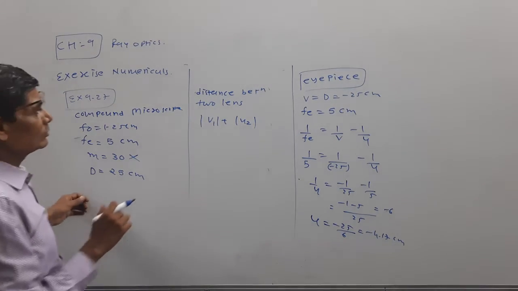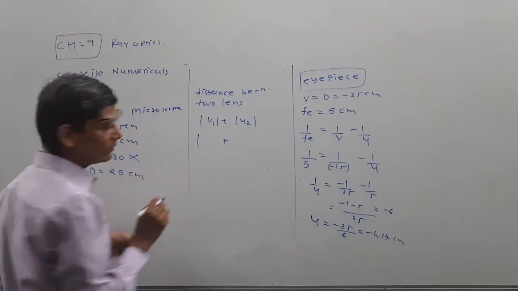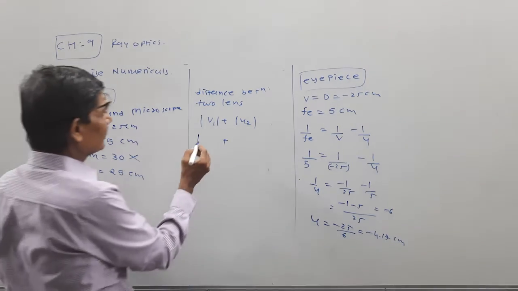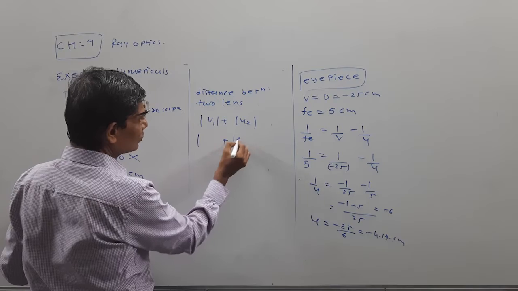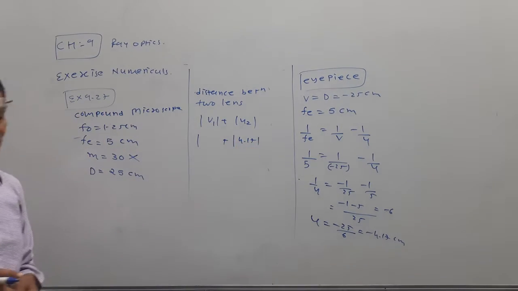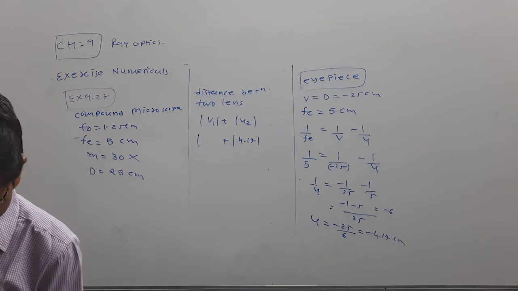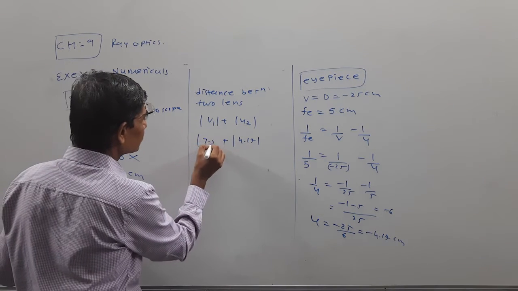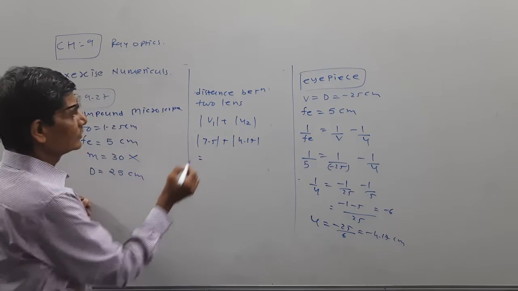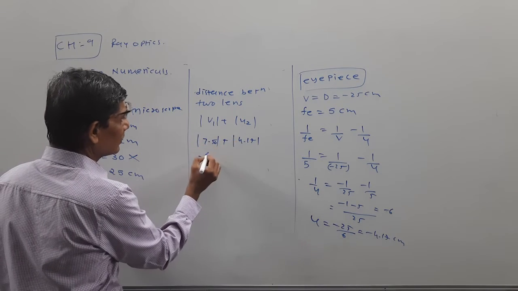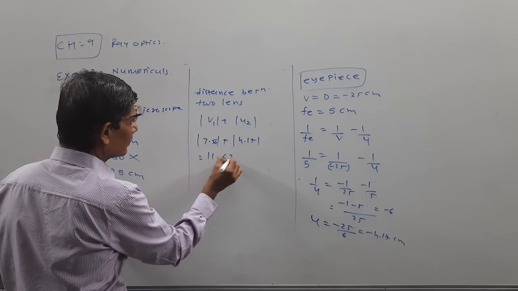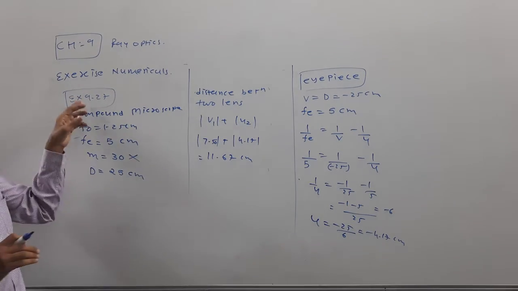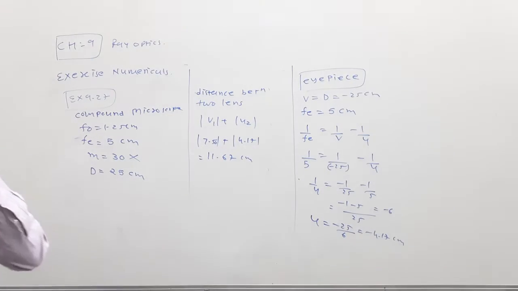Now U2 we have obtained is 4.17, and V1 we obtained as 7.5. So this is the distance between the two lenses. Now this is exercise number 9.27.